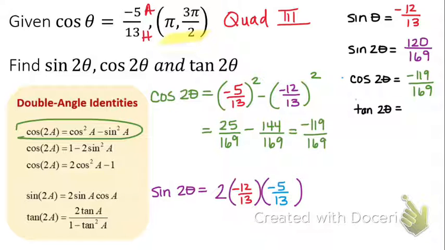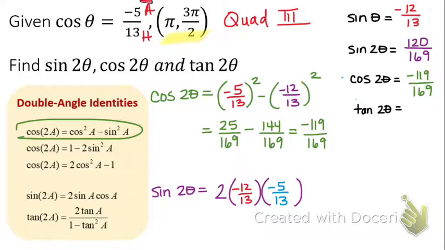Okay, last but not least is tangent. When we look at the tangent double angle, tangent uses tangent, so I have to know what the tangent is. To find tangent, you would take your sine and divide it by cosine. But I know that tangent is equal to opposite over adjacent.